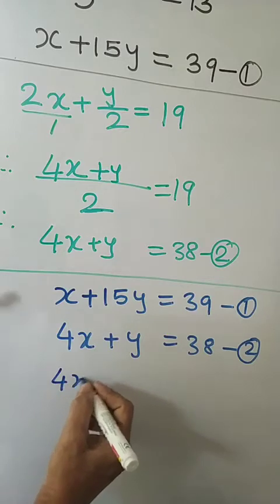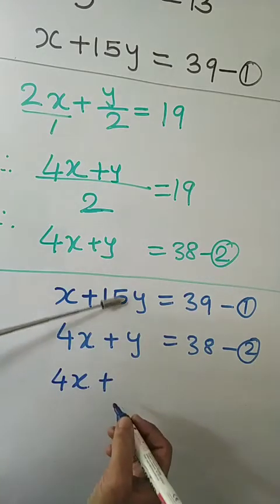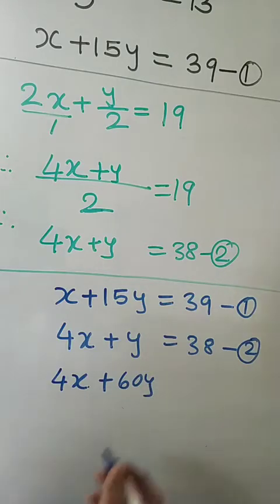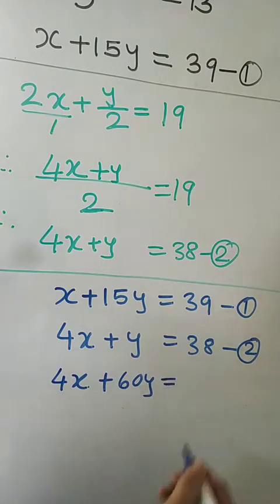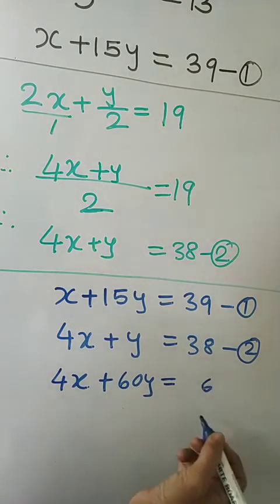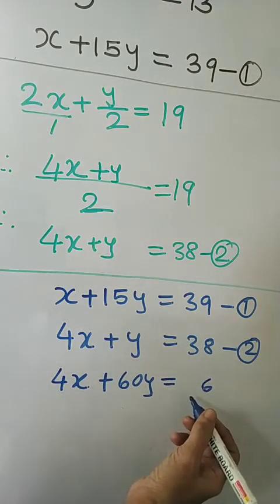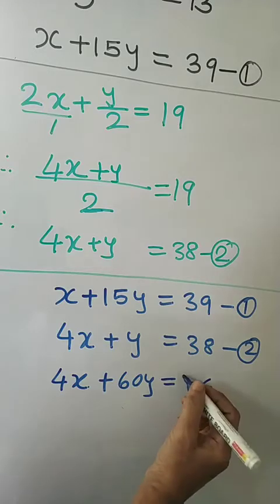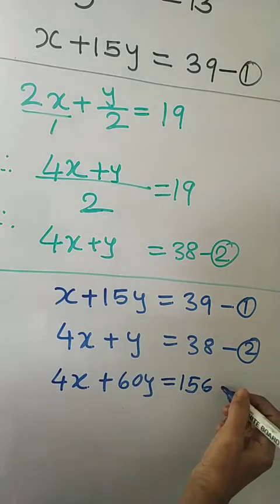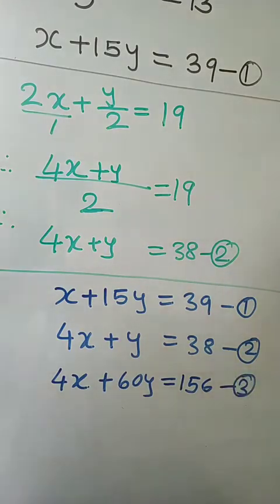4x plus 15 4s are 60y is equal to 4 into 39, 156, and we get equation number 3.